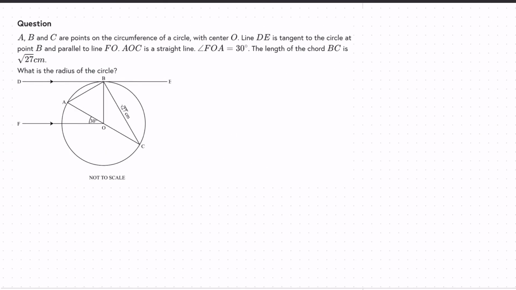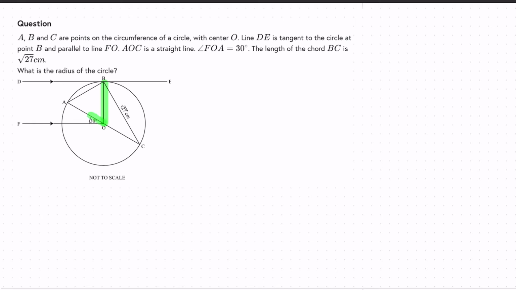In this next question, it's not obvious how we're supposed to solve the question, but I know that what we're looking for is the radius. Right, and the radius is the distance from the center of the circle to the outside. Okay, so we can see that here. We've got a straight line going from the center to the outside.